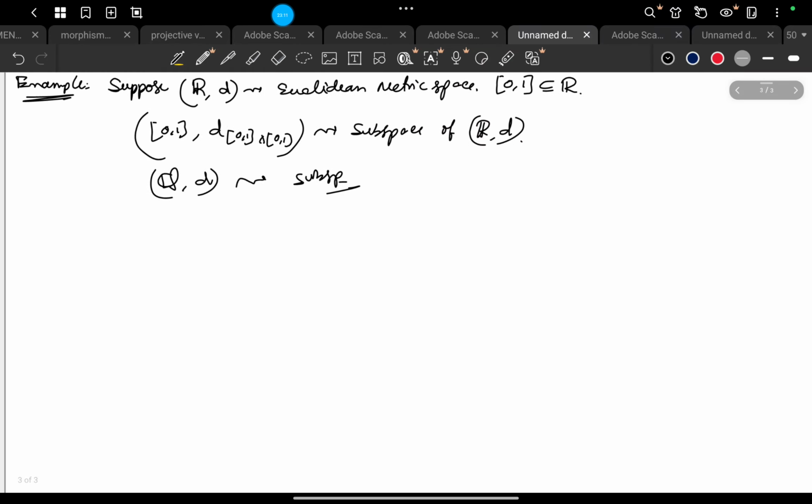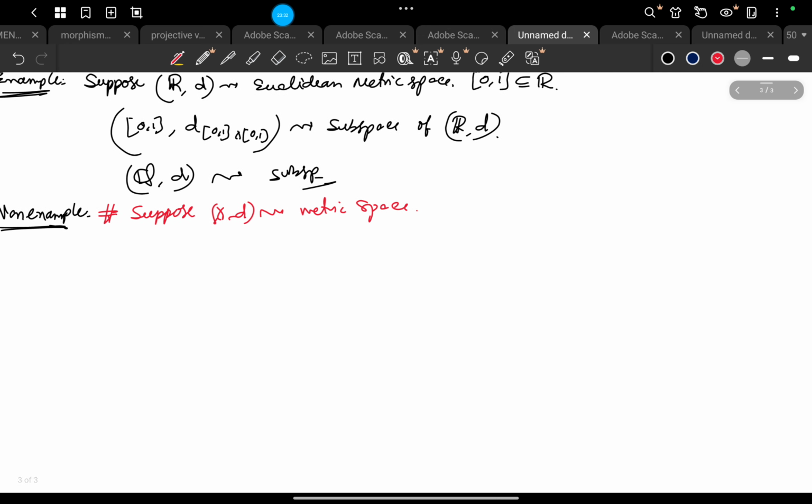Now there is a non-example. The motivation is the following. Suppose (X, d) is a metric space, and Y is a subset of X, and of course it is non-empty. Suppose you have another metric space (Y, d1), so a metric space with respect to a certain metric d1. d1 need not be d itself.